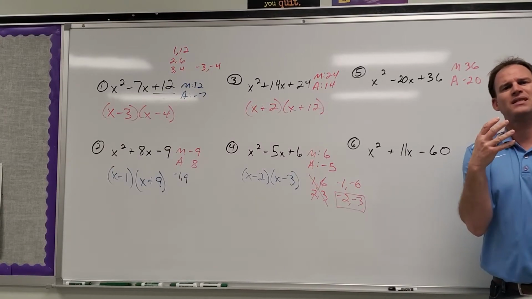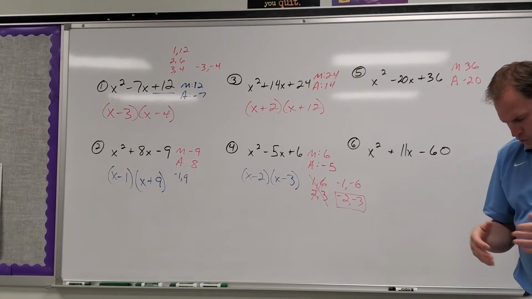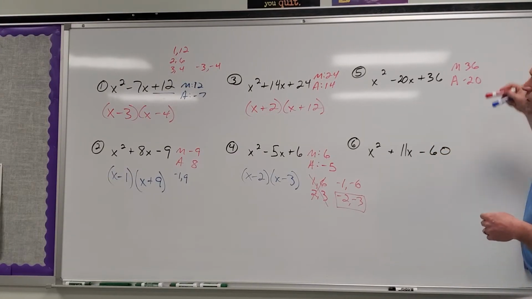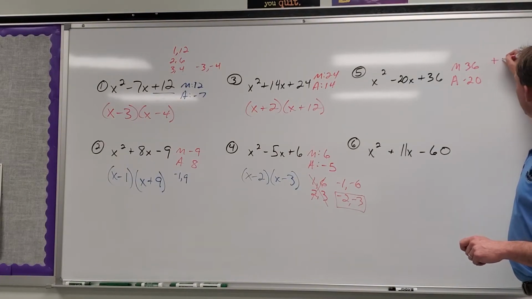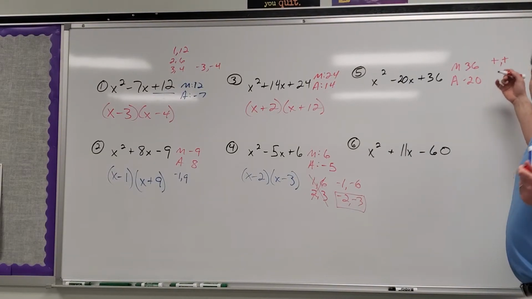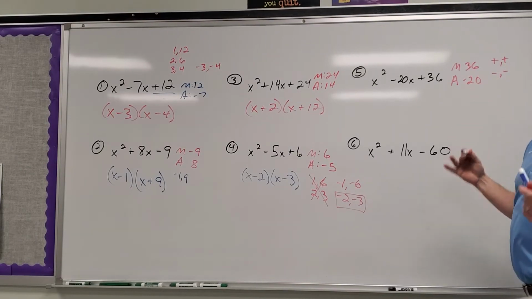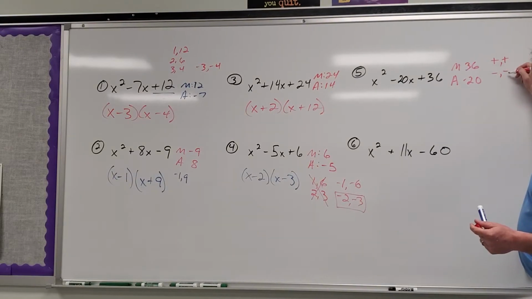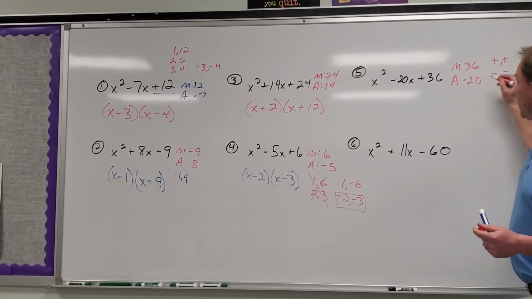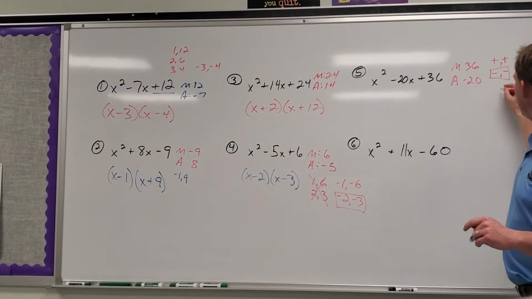What does that tell me about the signs of my answer? So, if it multiplies to be positive, it either has to be plus, plus, or minus, minus. They have to have the same sign. So if it's adding to a negative number, I know it's got to be a minus, minus.